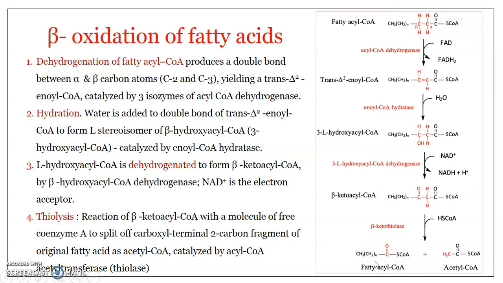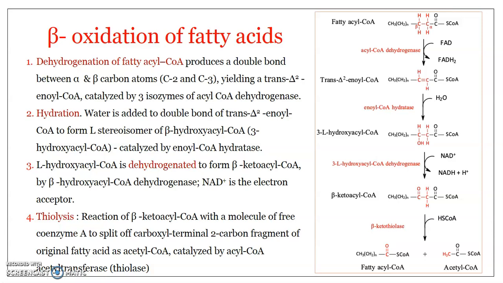This can continue till the complete oxidation is over. That is, finally, a fatty acyl coenzyme A will split into 2 acetyl coenzyme A. So till then this reaction can continue. That is about the beta oxidation proper.